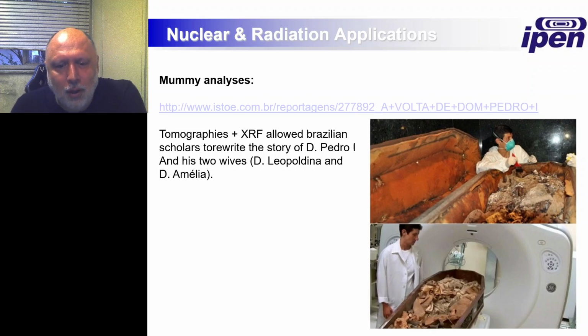They did a lot of tomographies and X-ray fluorescence, and they found out that many of these stories were certainly not true. There were stories that he would have beaten Dona Leopoldina to her death, causing her many fractures, and in fact there's no sign of any fracture in her body now.